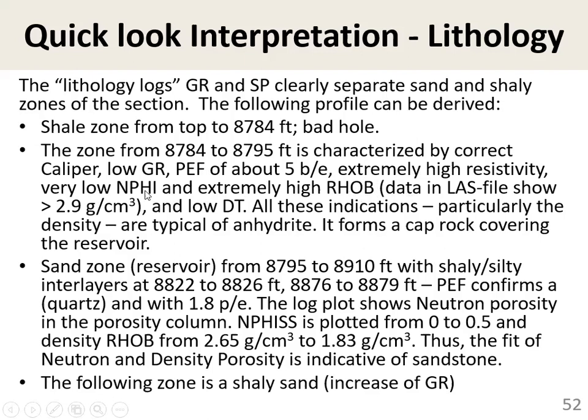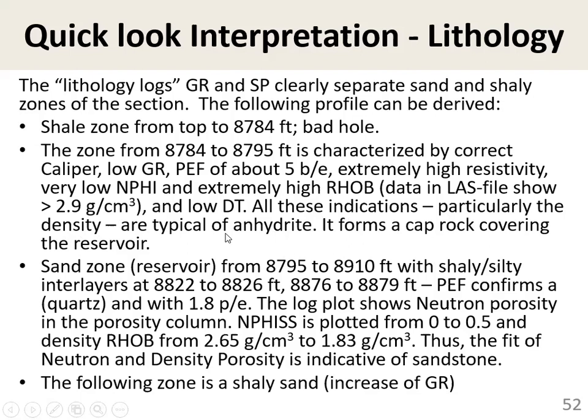Both the neutron porosity and the density trend to the right, even though this doesn't reflect in the logs. All these indications, particularly density, are typical of anhydrite. So this is actually caprock.